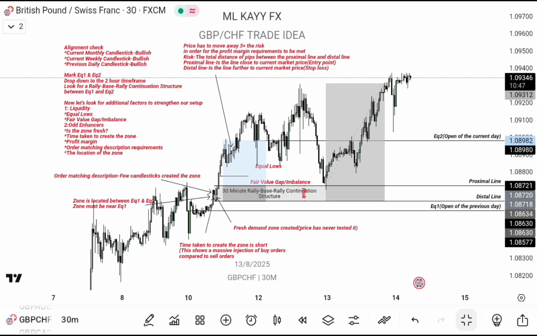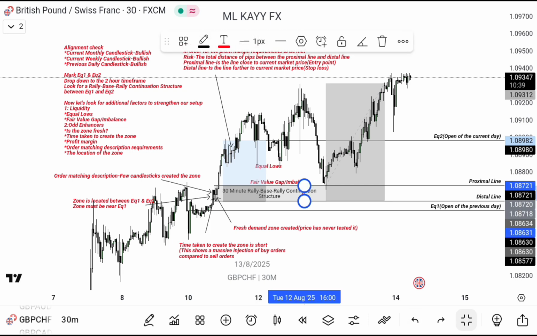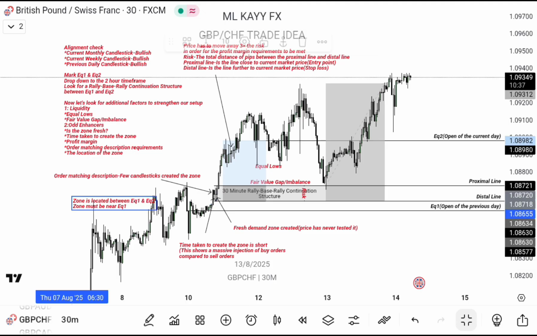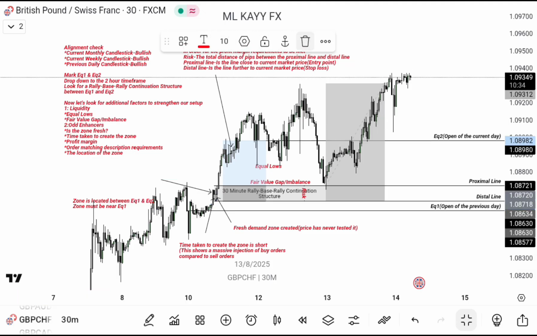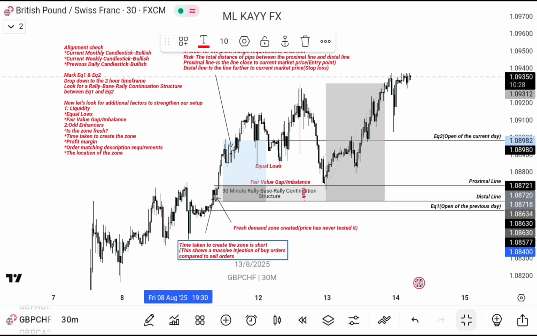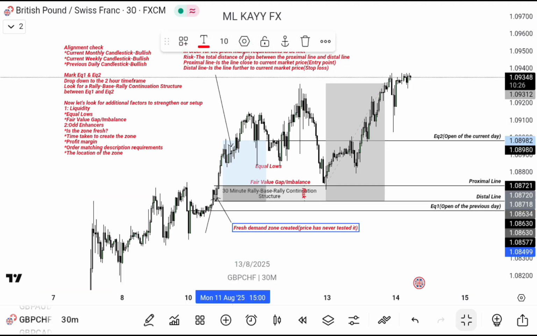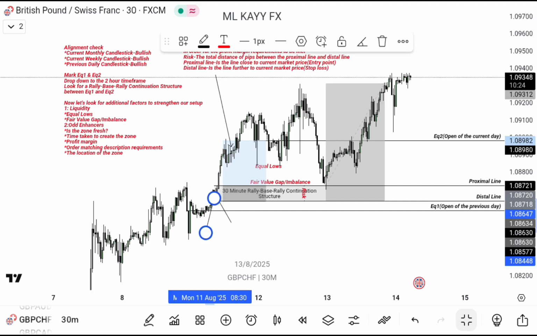I was just supposed to show you to go to the monthly, go to the weekly, check the previous day, look for a demand zone, and take a trade. But I don't want it to be that way. I want people to understand how we came to this conclusion, and that's how we got the trade.